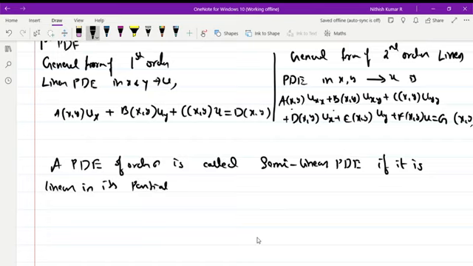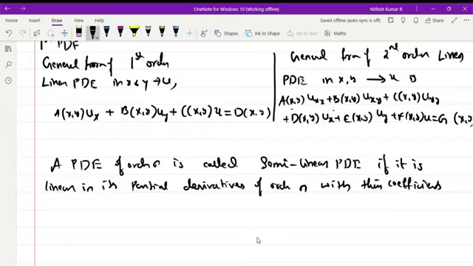in its partial derivatives of order n with their coefficients depending only on the independent variables.